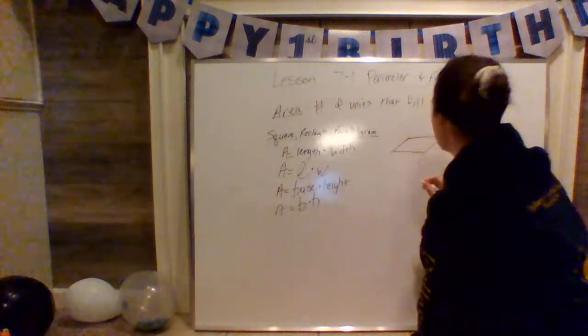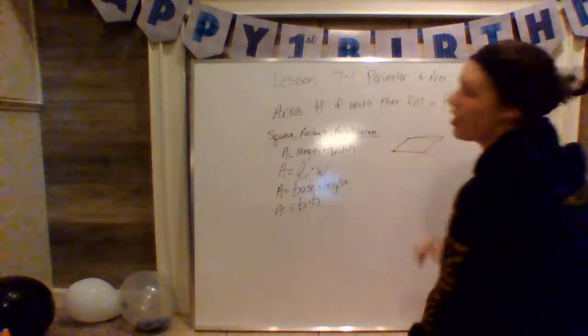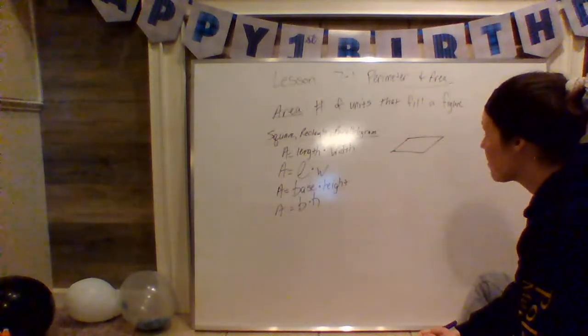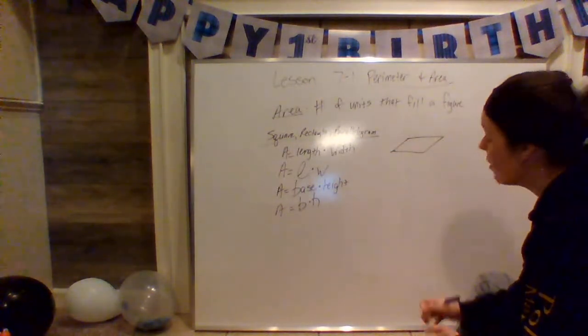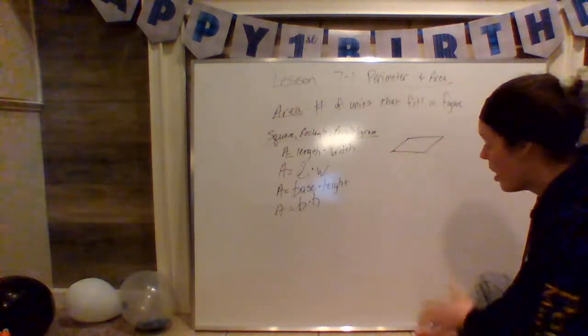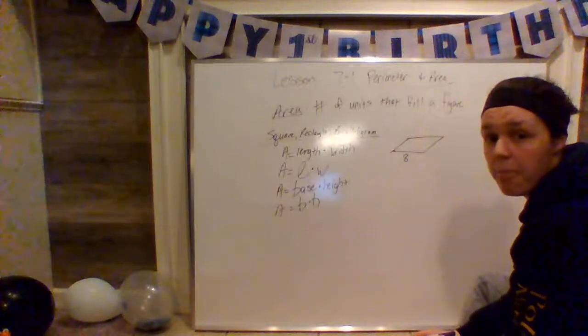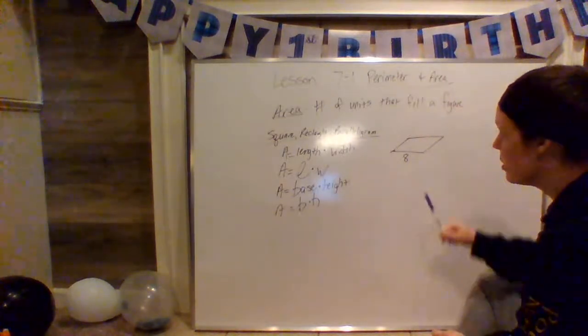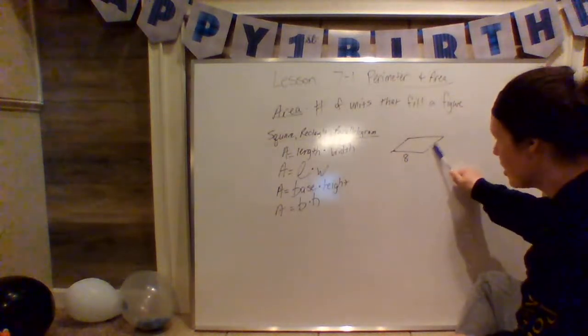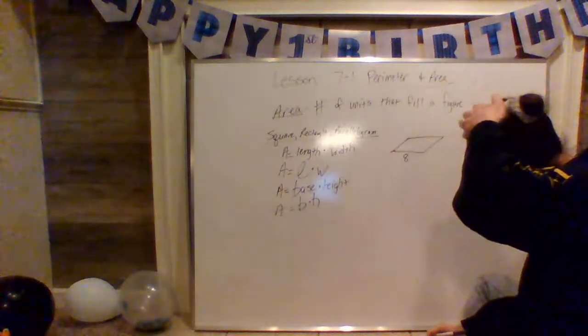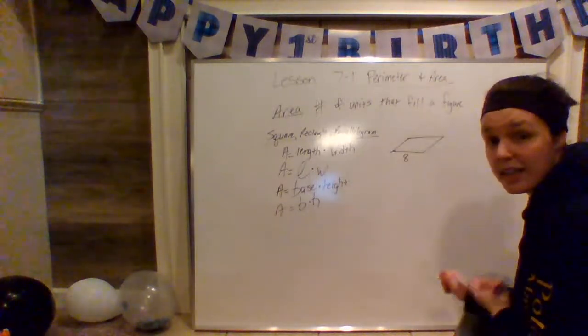Oh yes, I get to embarrass myself by showing my awesome drawings off. Okay, so let's just say the parallelogram, the base would be 8. Now they're not going to put the height here. That's a slant. That's not how tall something is.